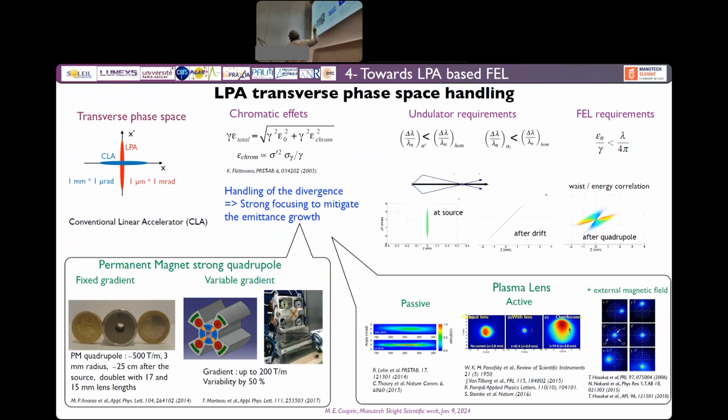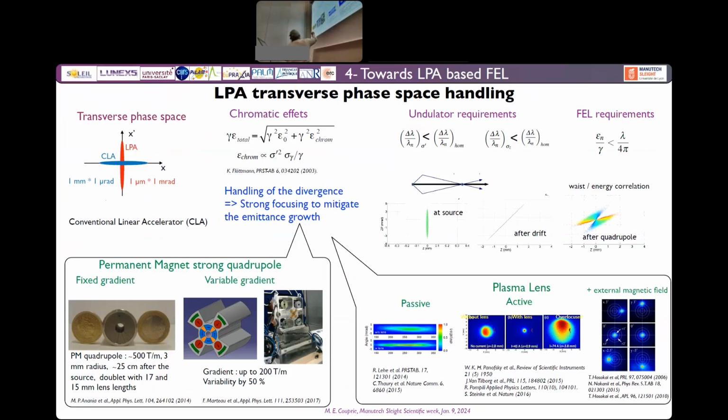So what we have to do is refocus the electrons strongly right after the generation and the acceleration of the electrons. This can be done with permanent magnet quadrupoles, or variable gradient permanent magnet quadrupoles, as we have developed at SOLEIL for such an application.